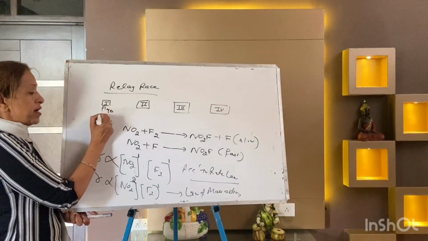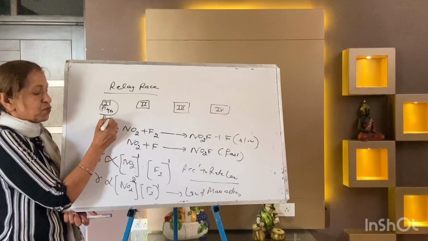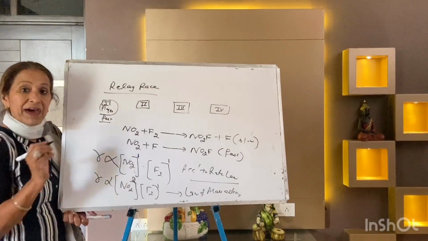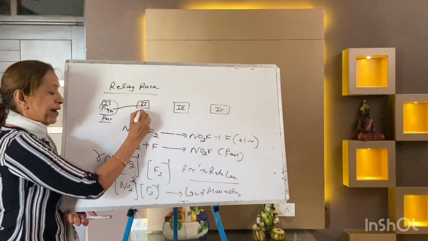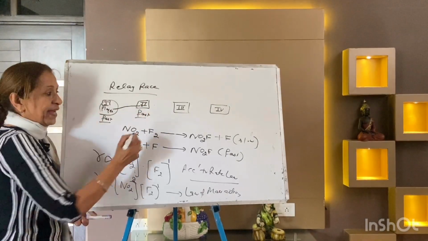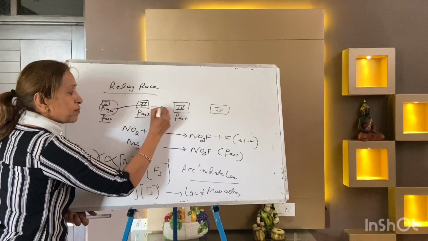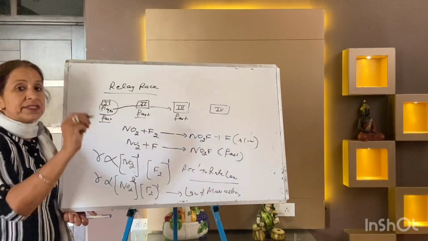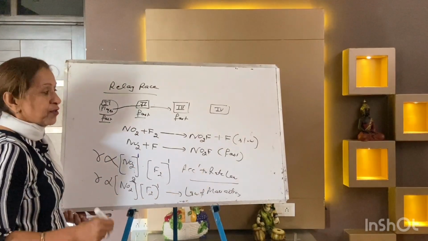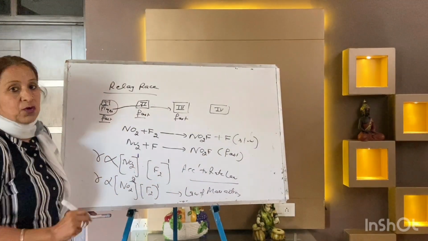This player 1 is very fast. It gives the baton to player 2, very fast. Player 2 is fast. Player 3 is fast. All the 3 front players are fast. But the 4th player is very slow.